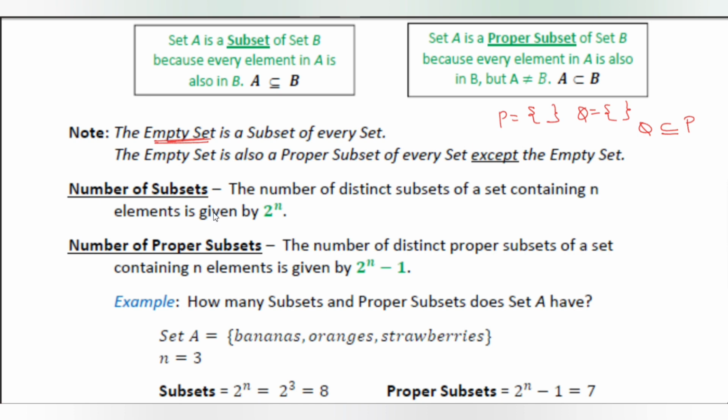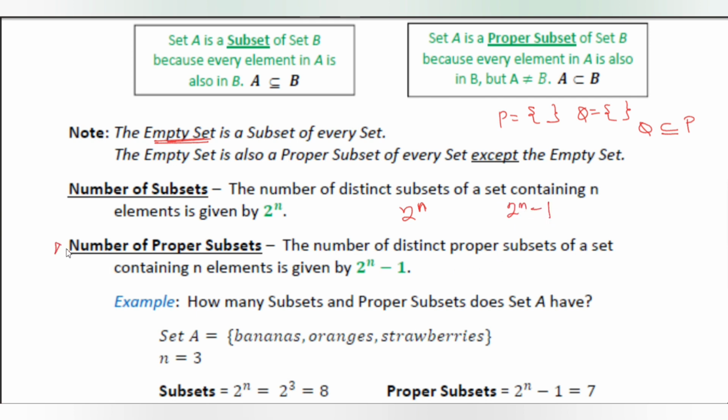All right, so we have the number of distinct subsets. The number of distinct subsets of a set containing n elements is given as 2 to the power of n. This is how we get the number of subsets that can be formed from a given set. While the number of proper subsets is given as 2 to the power of n minus 1.